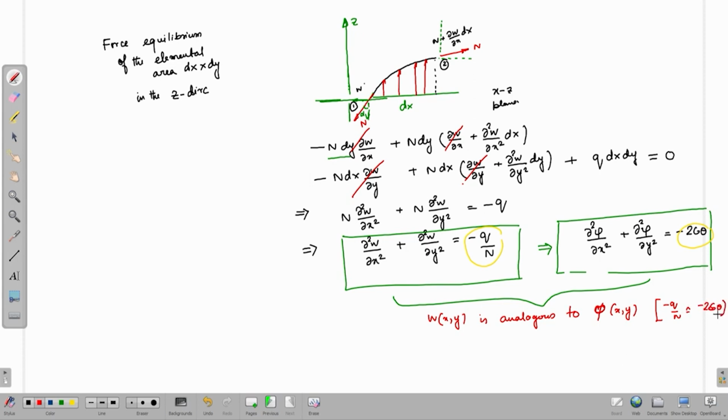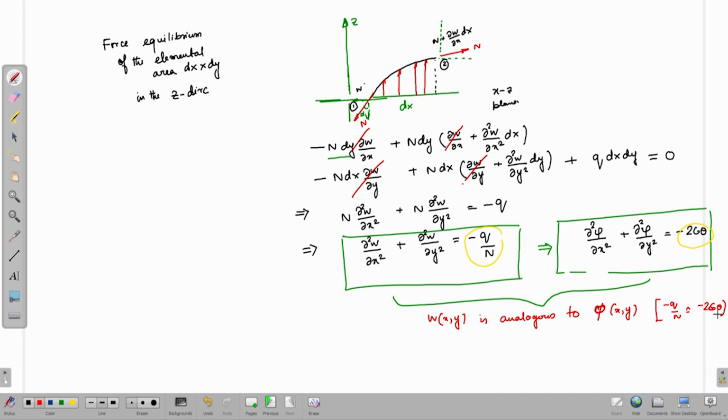Even if they are not similar, the exact values will not be the same, but the shape, that is the variation of W over x and y, will be similar to phi. Maybe the magnitudes will not match, but the shape or distribution will match exactly. Okay.